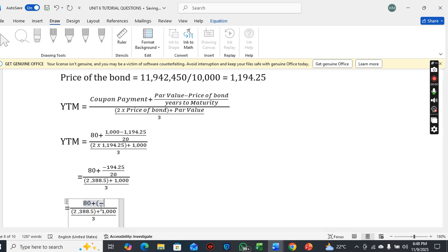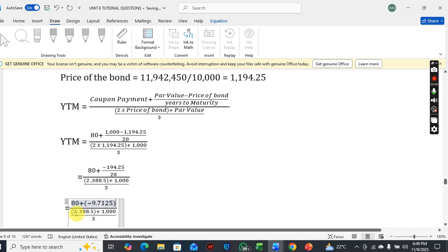Negative 9.7125 here. 2,388.5 plus 1,000 becomes 3,388.5.